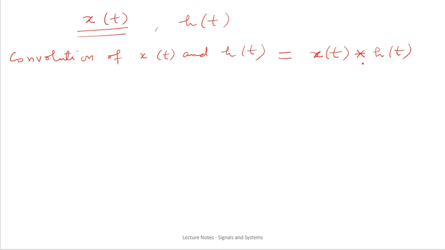So if there is a symbol like this in between two signals, then it means that a convolution operation has to be performed between these two signals.